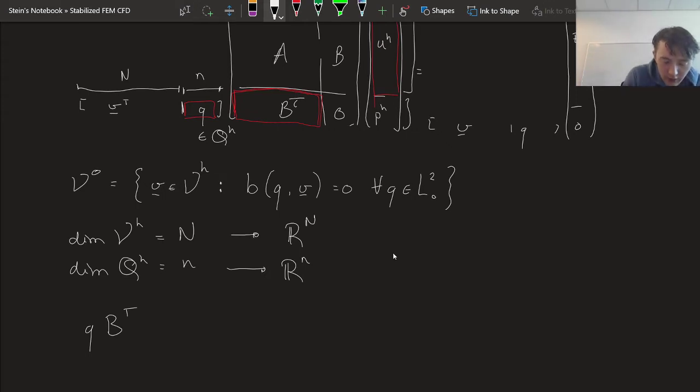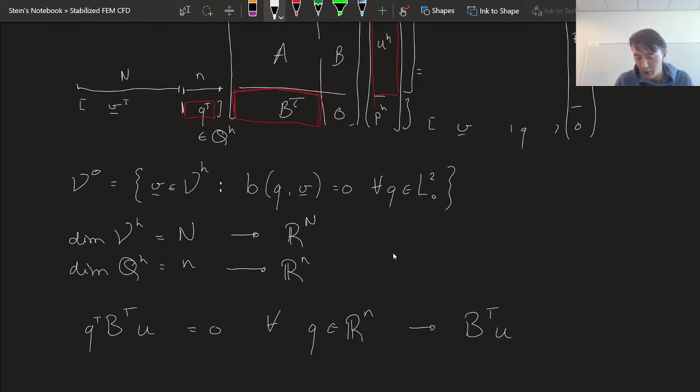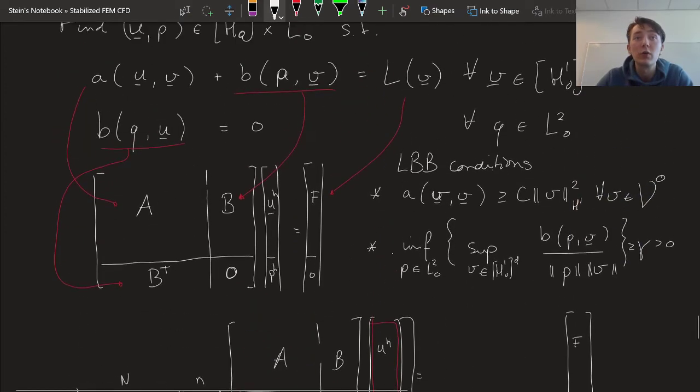Now I'll write this as transposes, so that we get Q transpose BT times U is going to be equal to 0 for all Q in Rn, which simply means that BT of U is going to be equal to 0.